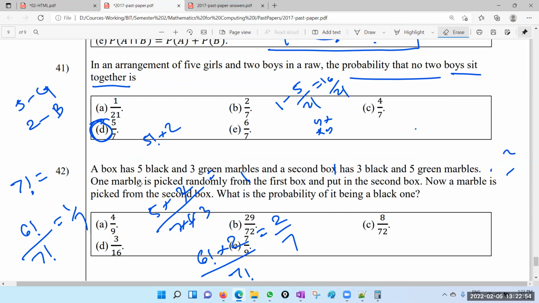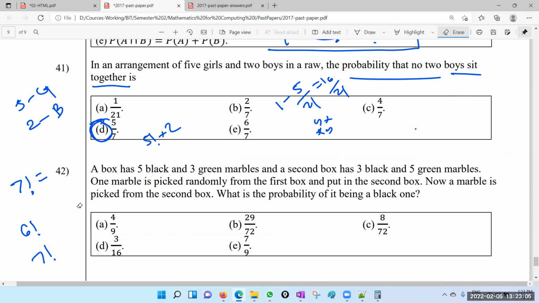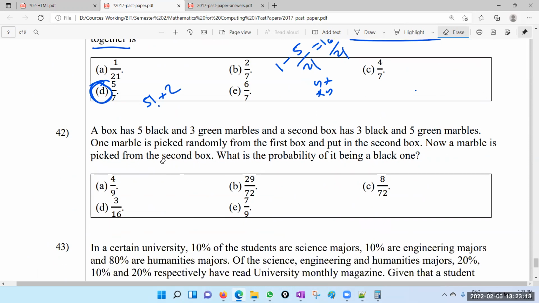Right, do the next one. It's an easy question. Okay. That is an easy question. Make sure you rely on your logic. Right, do this, it is an easy question anyway.